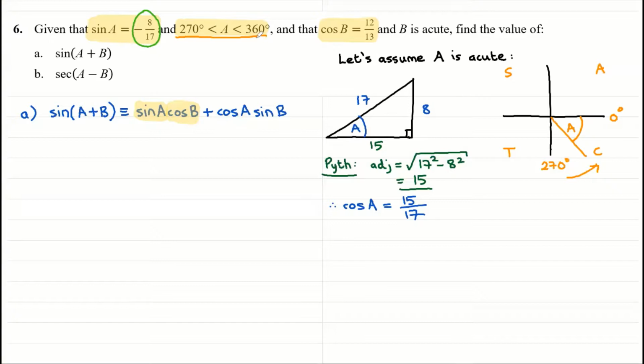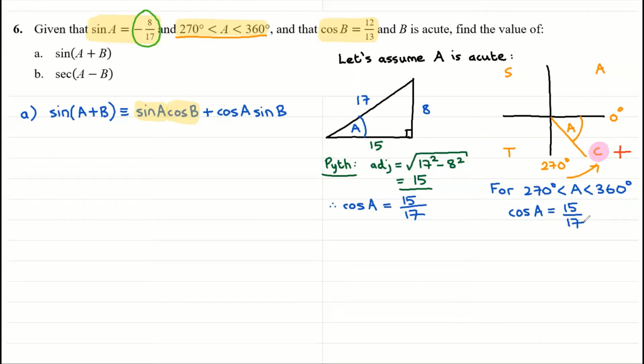What does this tell us? Well, if it's in the C quadrant, it means that cosine is positive, which is really good. Well, it doesn't matter anyway, we just know that for a fact now. So let's just write our conclusion. So for A as an angle between 270 and 360, the cosine of A is positive, so that's 15/17.